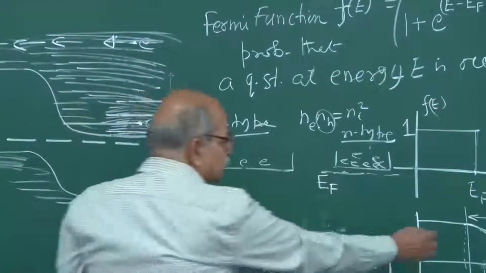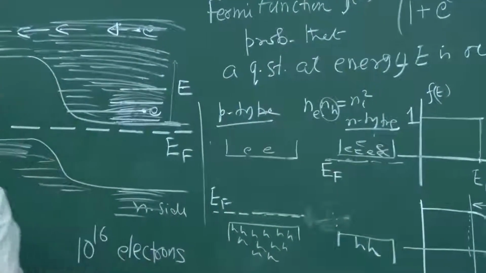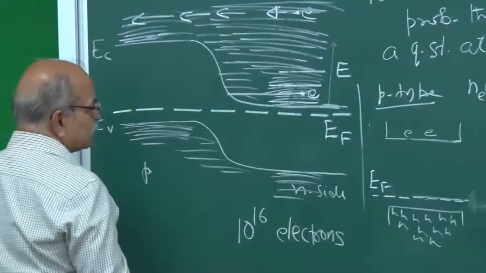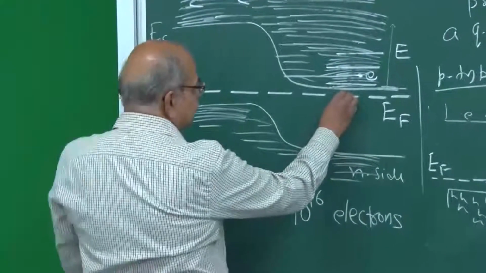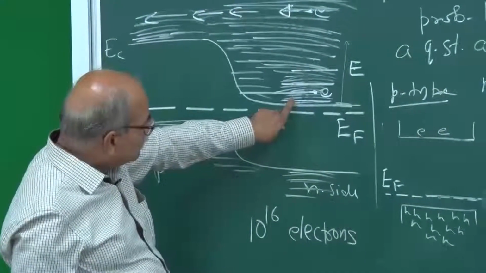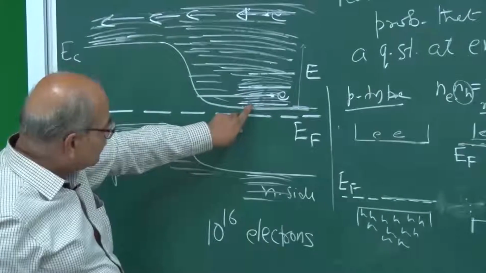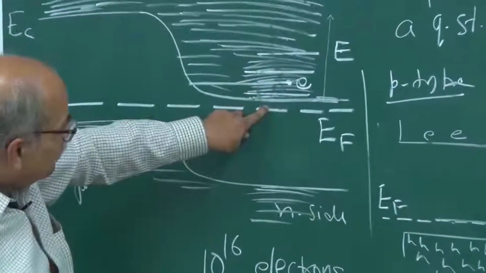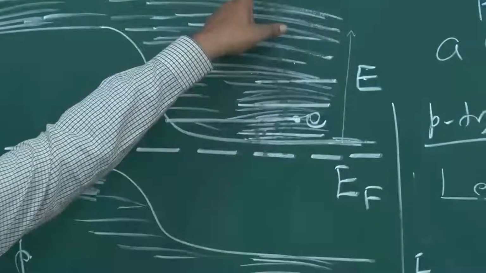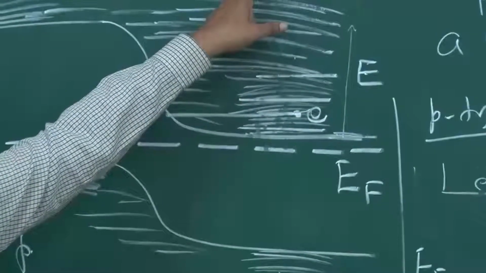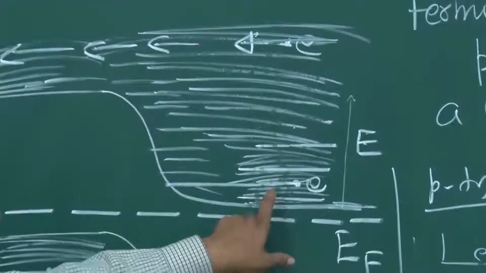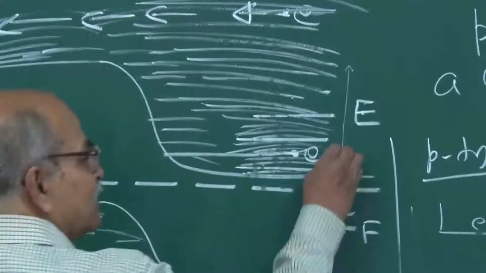As this function shows, if this is EF, then the occupation of these states will be large. As you go farther away from EF, the probability will decrease. But that's not exactly the number of electrons in this range. Suppose you take a small dE here.